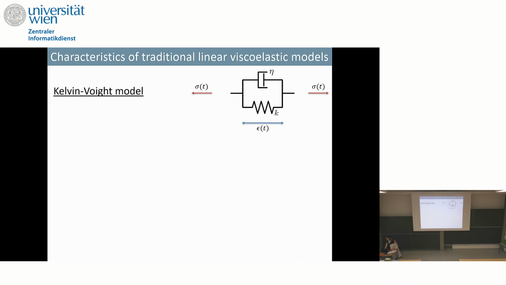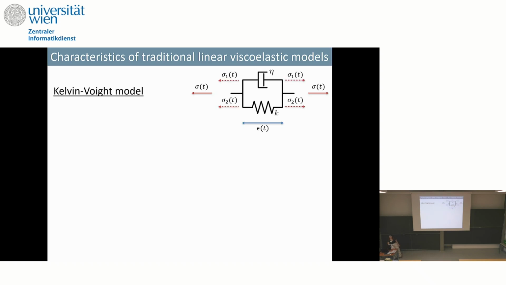Let's look at the other canonical organization, which is in parallel. So in parallel, what happens? The two elements do experience the same strain. So the strain on the spring and the strain on the dashpot is going to be the same.